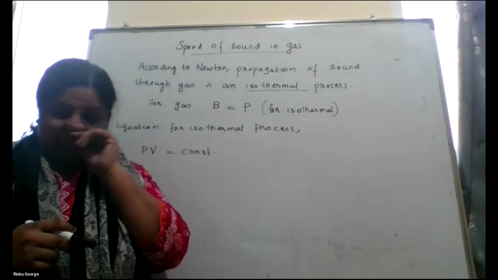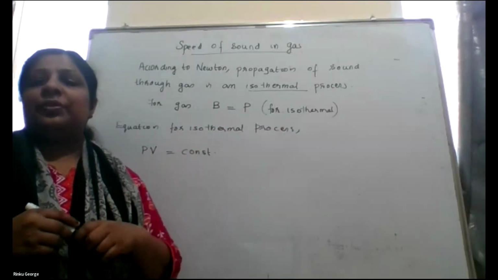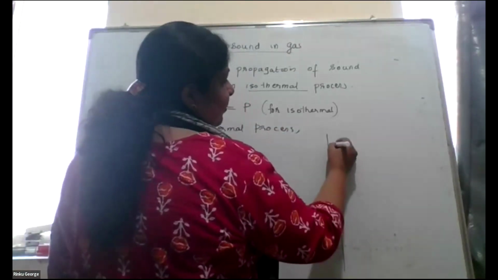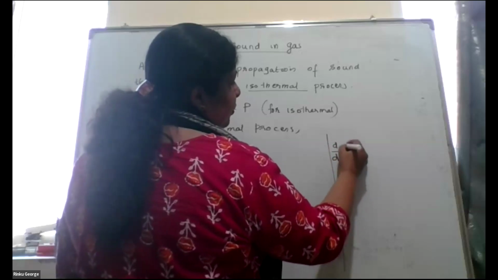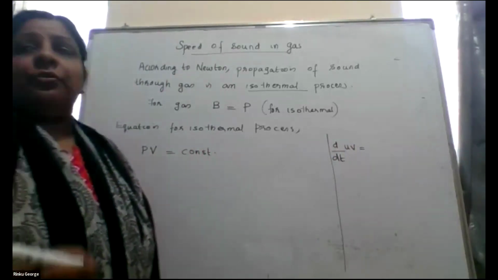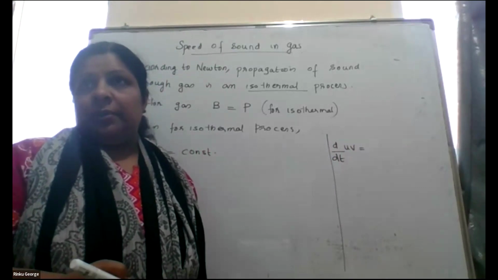Now, how will you differentiate U into V? The differential of U into V is U into the differential of V, first into the differential of second, plus V into the differential of U, second into the differential of first. That is the formula.